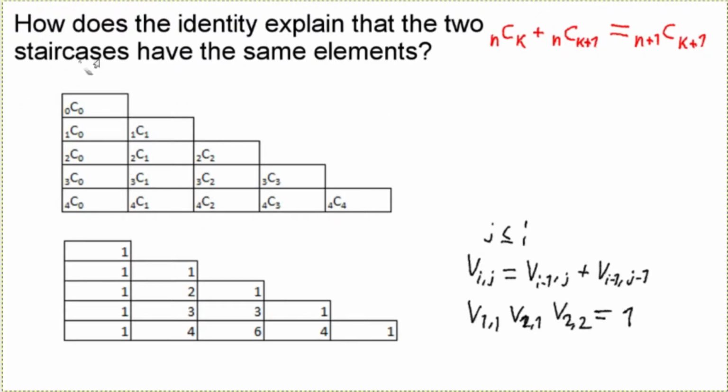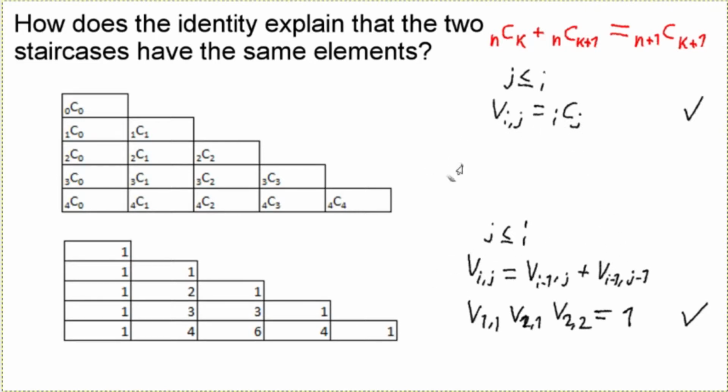This up here, we've defined it, so again, j must be lower or equal to i, and then we have V_ij must be equal to i choose j. From this here, we know that 0 choose 0 is 1, 1 choose 0 is 1, 1 choose 1 is 1. So this fact here, that's confirmed. That's the same property up here. Now we just need to show this here is the case.